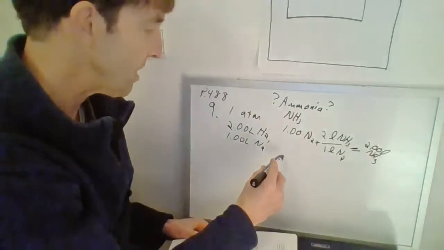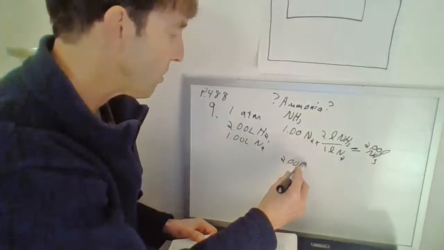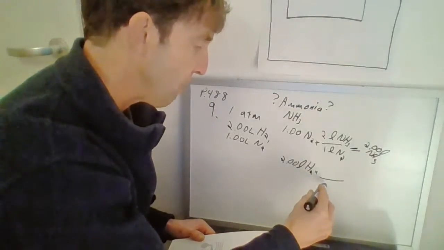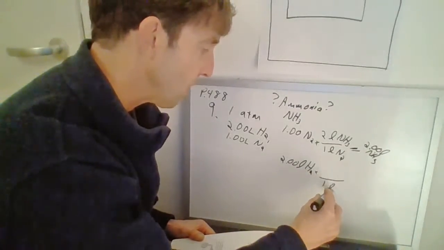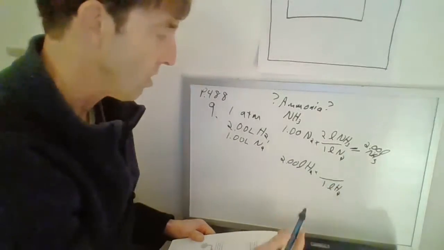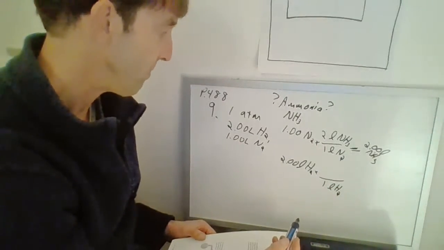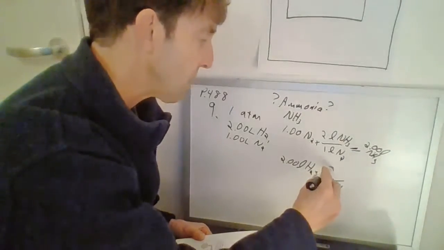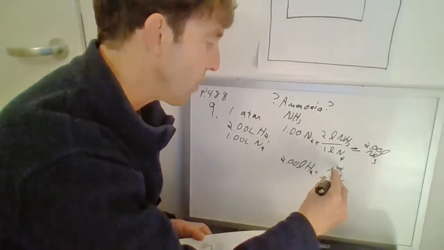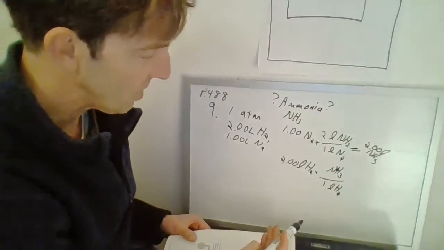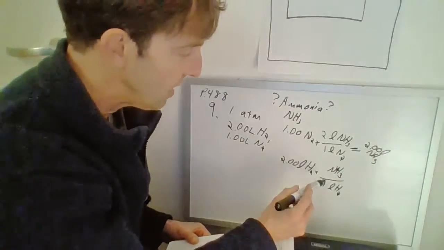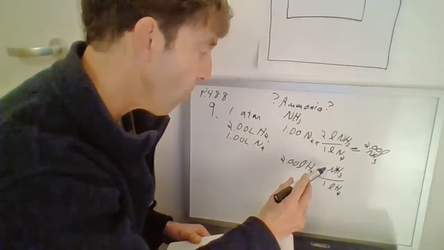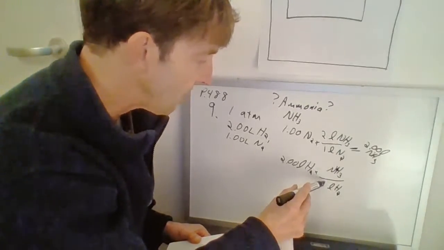What if I used up all of this stuff? I got 2 liters of H2. Well, for every 1 liter of H2, oh, that's really not easy, is it? I get how many liters of NH3? Well, it's kind of a crappy ratio, isn't it? So I need basically for every 2 liters of this, well, let's make it 3.